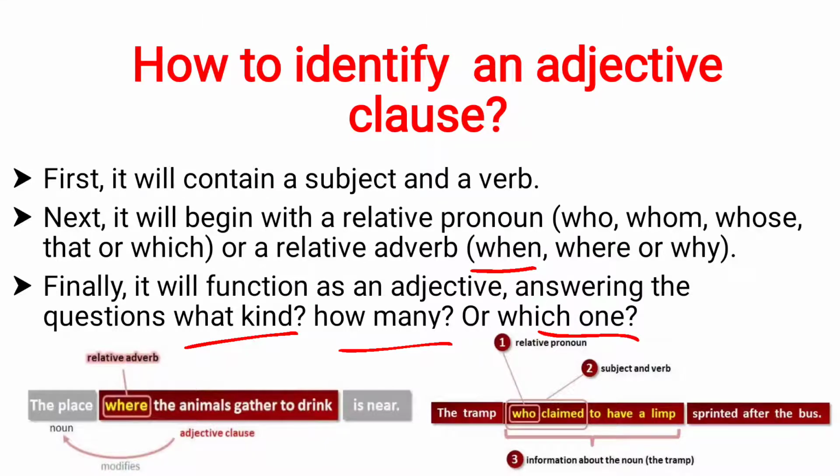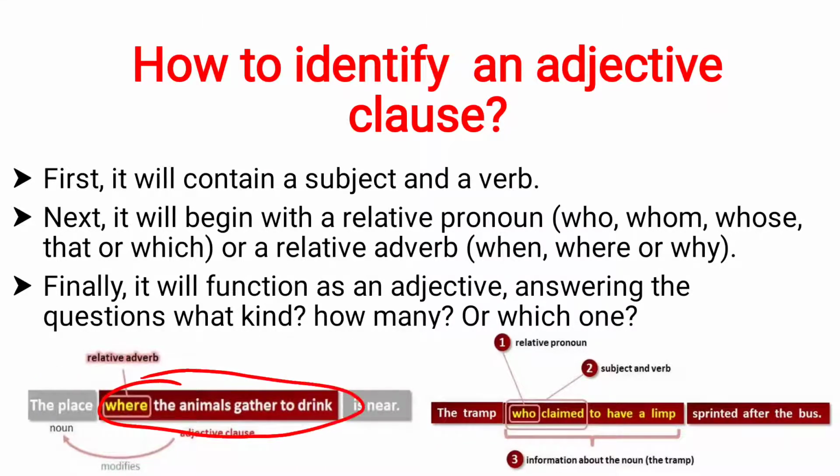Now, if we look at example number 1, the place where the animals gather to drink is near. So, about which place are we talking? We are talking about that place where the animals gather to drink. Now, this group of words is giving us information about the place, a noun, and that is why it is an adjective clause.